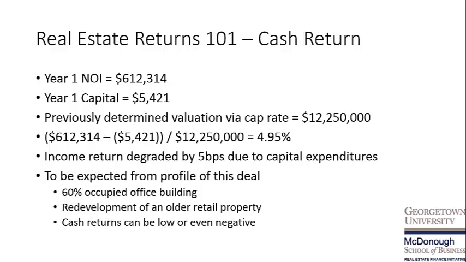So this is frankly to be expected from this profile of a deal. For instance, stabilized properties on long-term leases with a single tenant, you're not going to have TIs and leasing commissions. You may or may not have a lot of capital expenditures, and so the cash returns and the income returns usually can be more or less the same, or there might be minor variation.